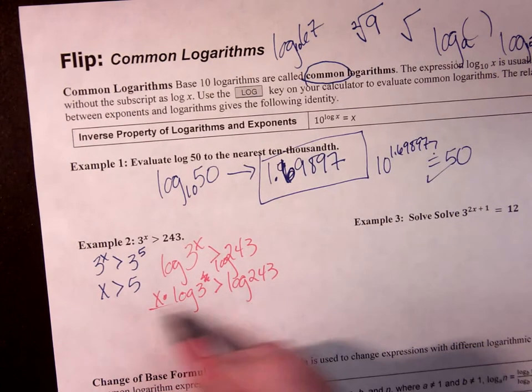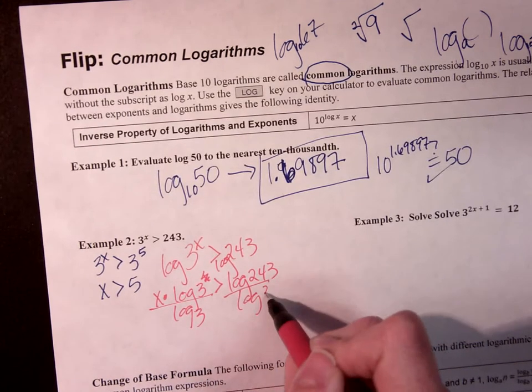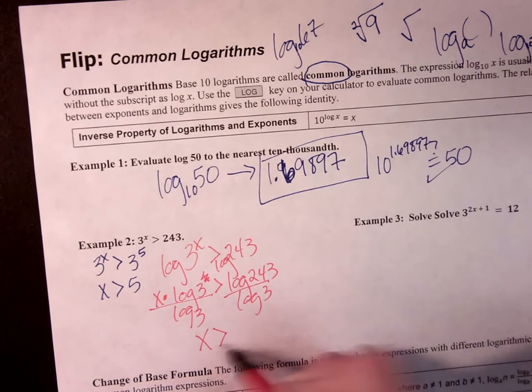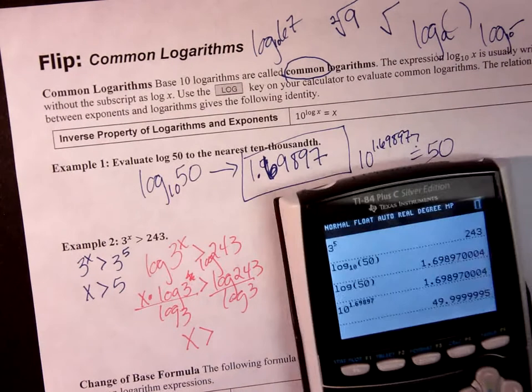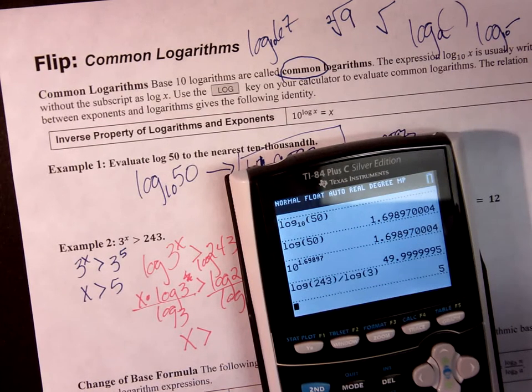And then I'm going to divide by the log of 3, divide by the log of 3. And I know that x is greater than, when we get ready to type this, about the only thing you have to worry about is parentheses. Log 243, close it, divided by log of 3. And I still get that x should be greater than 5.